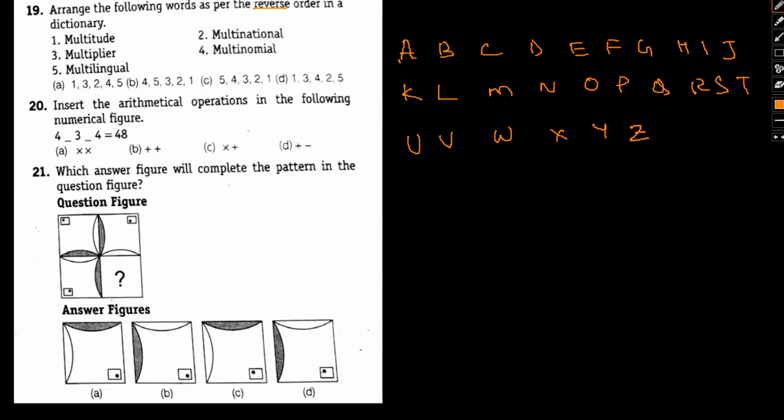Okay, so now let's take a look at the questions. If we look at all the options, you can see MULTI is common in all of this. MULTI, MULTI, MULTI. Okay, so that means as far as the rankings are concerned, this MULTI will have no significance. Since this is common, we can eliminate this entire thing, MULTI from each and every option.